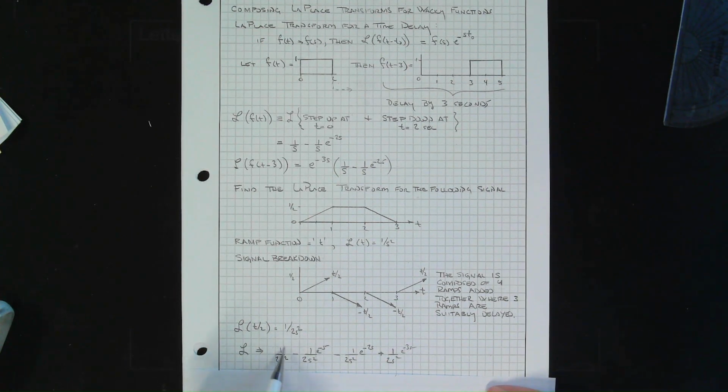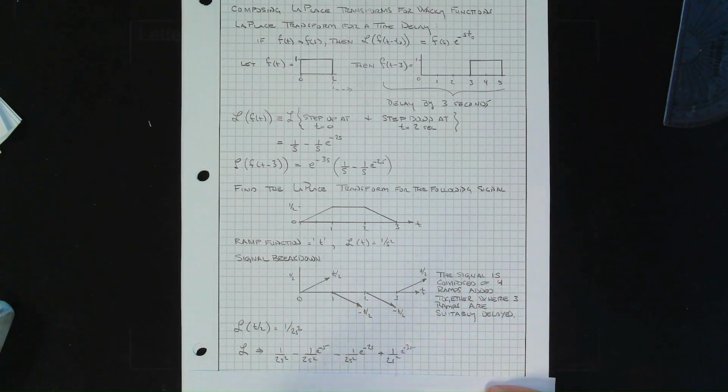Here's the first one. 1 over 2s squared going up. Now at 1 second, minus, I have the same signal going down forever. At 2, I start another one going nominally down. And then at 3 seconds, 1 over 2s squared e to the minus 3s, I start one going up.